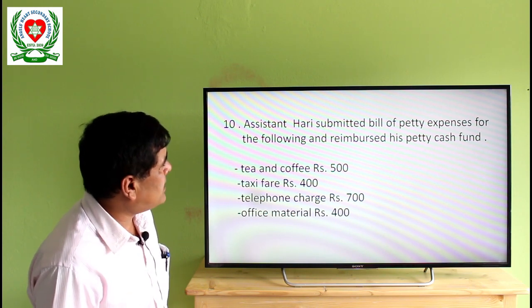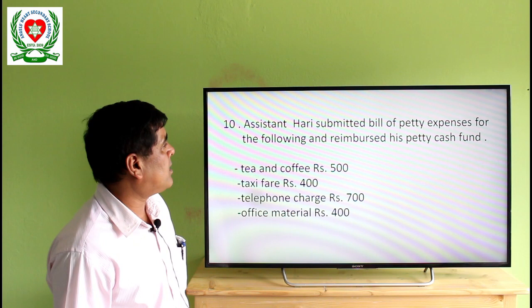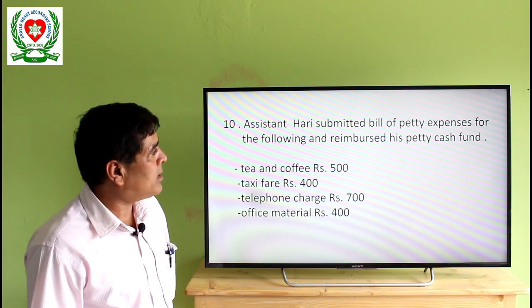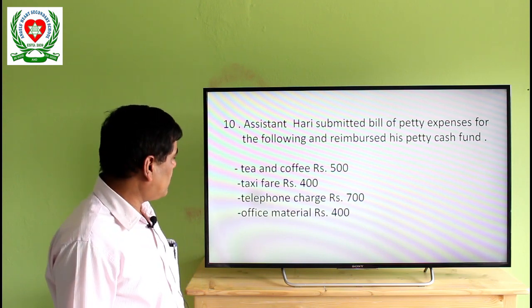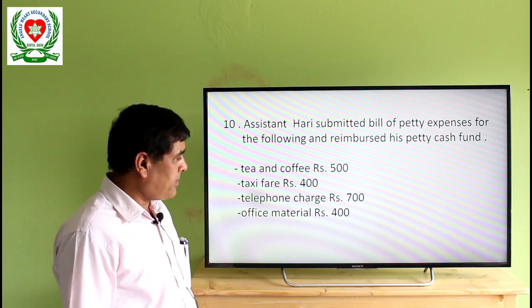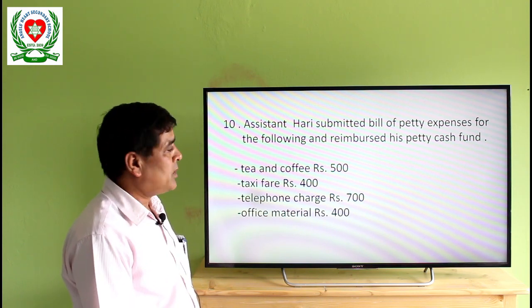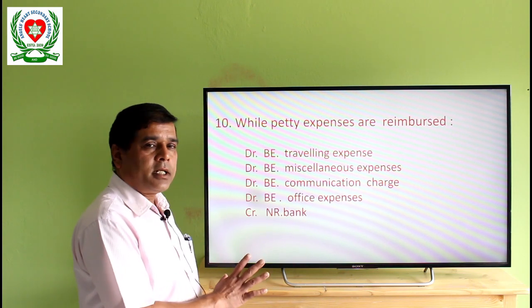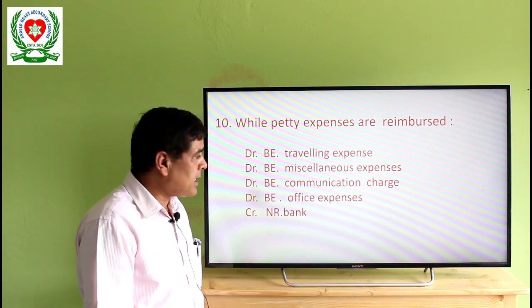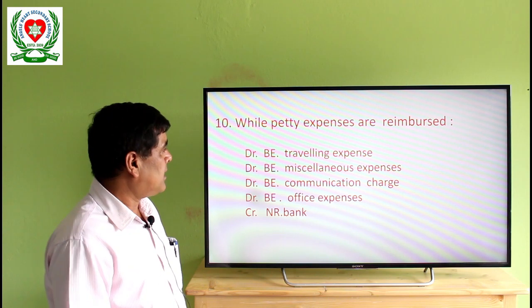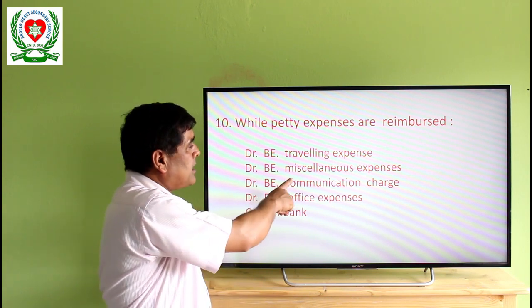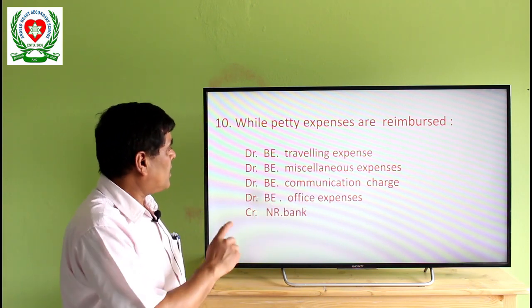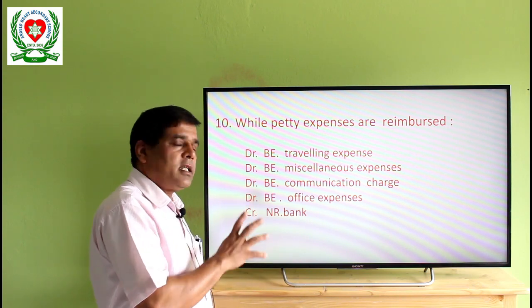Another question is there: assistant Hari submitted a bill of petty expenses for the following reimbursement and reimbursed his petty cash fund. Tea and coffee rupees 500, taxi fare 400, telephone charge 700, office material 400. We know the formula: while petty expenses are reimbursed, we have to make debit entries and all the expenses should be written on the debit side. Taxi fare should be written in travelling expenses, tea and coffee as miscellaneous expenses, communication charge, office expenses, all these budget expenditures.